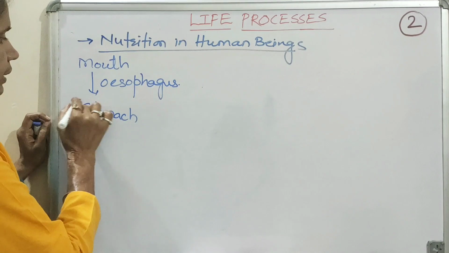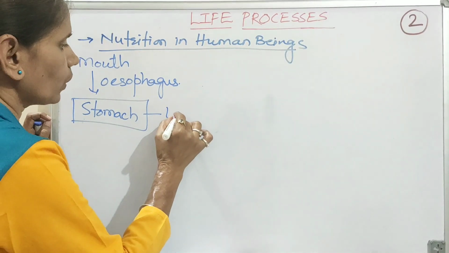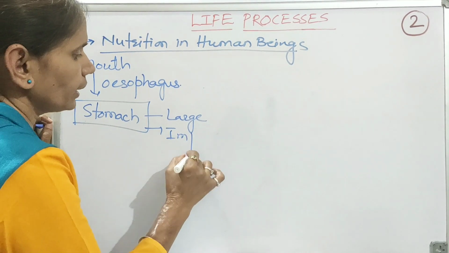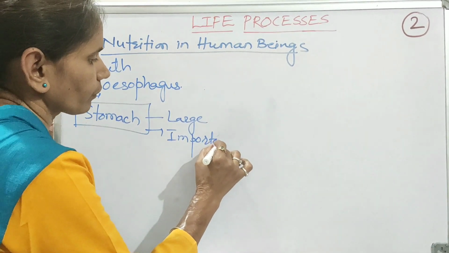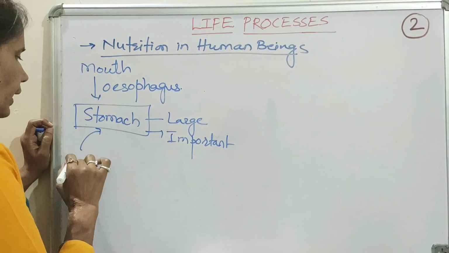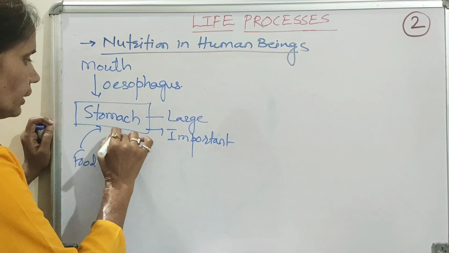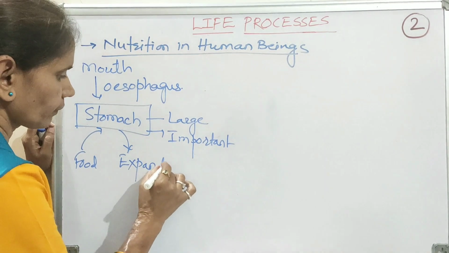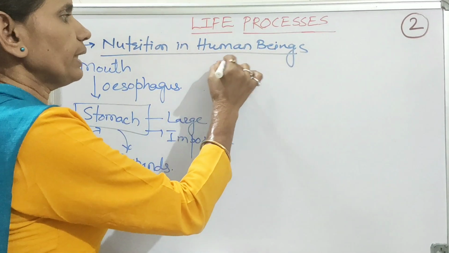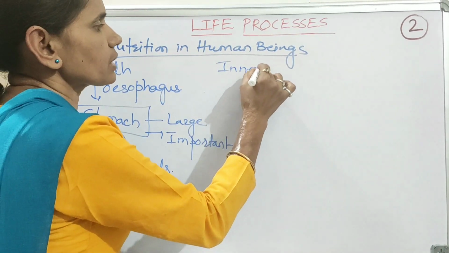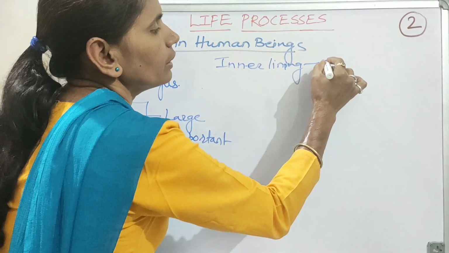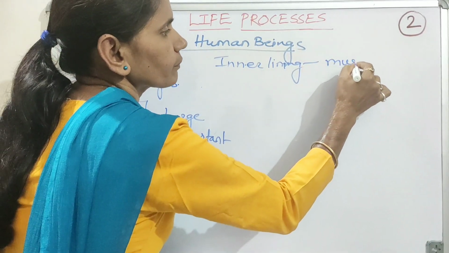Now the stomach is a large organ and it has an important role in nutrition. When food enters the stomach, the stomach expands. Similarly, the inner lining of the stomach is muscular.